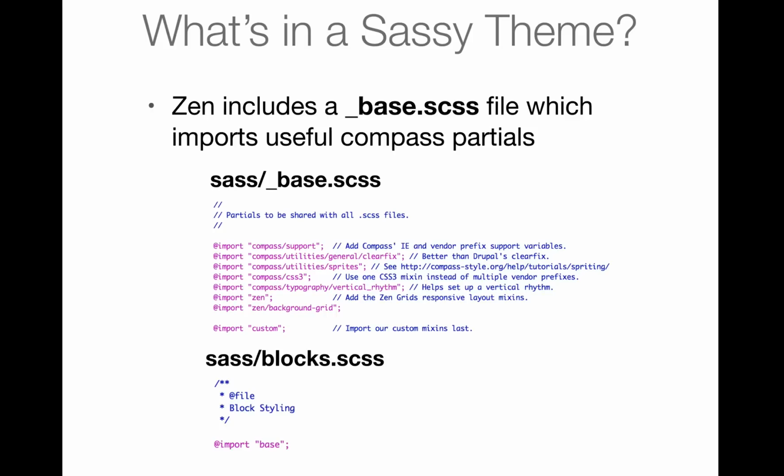So if you go and open the base.scss file in your Zen subtheme, then you'll see a whole bunch of partials that are imported. And so it's a good idea to review how your theme is using Sass and Compass, and to see how the files are organized so that you are able to use the theme more efficiently and just take advantage of what's already being added for you.